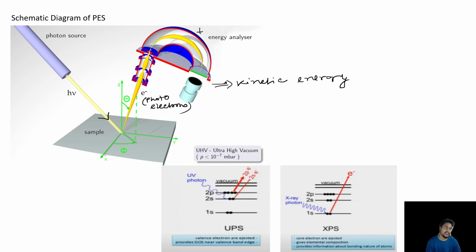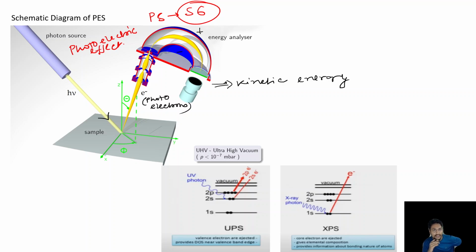And this is a schematic diagram of photoelectron spectroscopy, which is nothing but using the photoelectric effect. In the last-to-last class, I think in problem solving session 6, I tried to give an idea about what the photoelectric effects are, how they depend, how it was discovered, and how things come up whenever we discuss that.